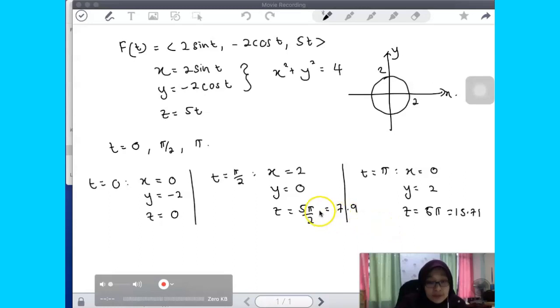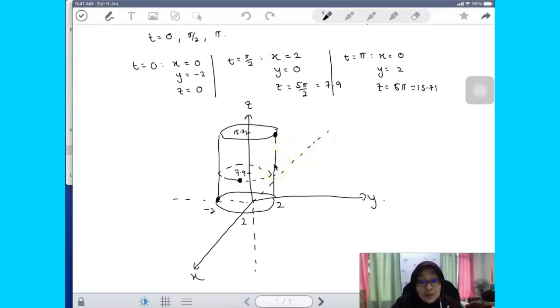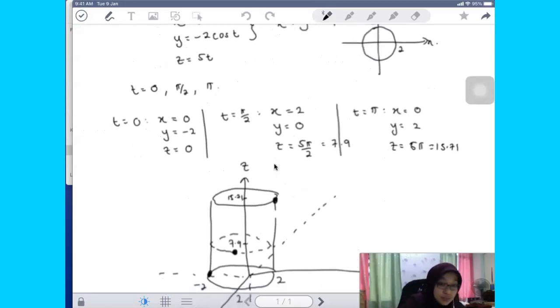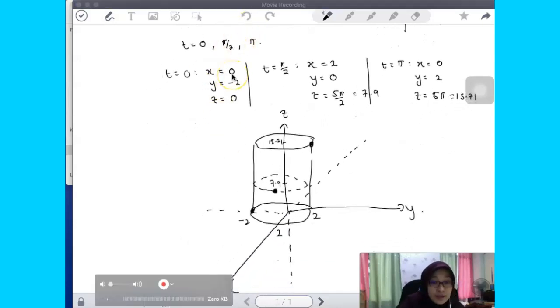Now we want to plot all three points in the 3D system. Why did I put a cylinder? This is not yet the helix that we want to sketch. It is just to guide you so that you have the correct shape. Based on the three points that you obtain here, the first one is at 0, minus 2, just like the previous example.